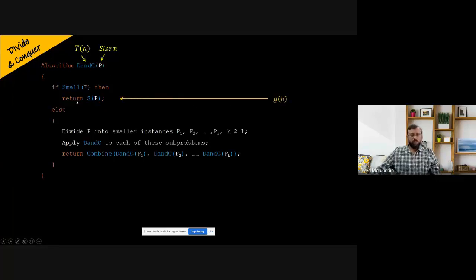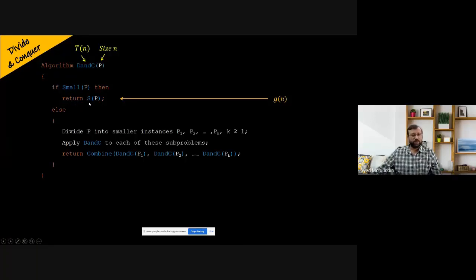Now, if the problem P is small, this is a primitive statement, and it will return the solution to that problem. We have already said in the earlier classes that primitive statements take a unit of time, and because a unit of time is constant, we can ignore that.